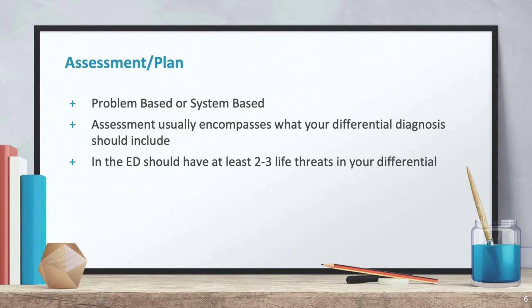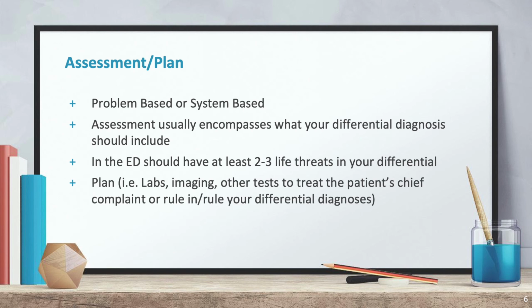It's very easy to anchor on something, and a lot of badness presents as something benign to start with. And so if you keep your differential broad, it's much harder to get burned by the patient or by the presentation, because you thought about it. You want to rule in or rule out the other things with tests, or sometimes you just have to do it with your history and physical.